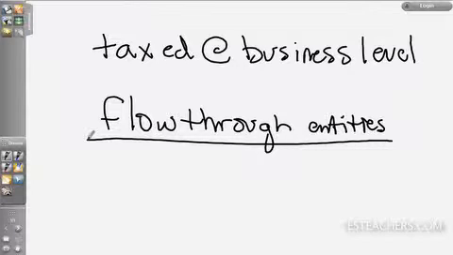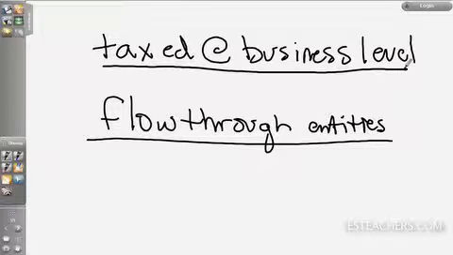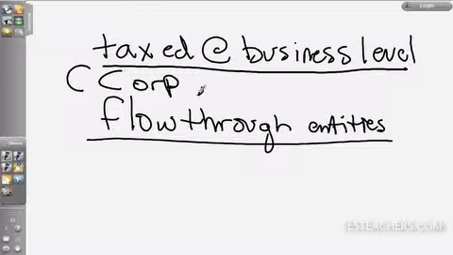So taxed at the corporate level would be C corporations. Most publicly traded companies are C corporations. They can have an unlimited number of shareholders. They are limited only by their corporate charter.